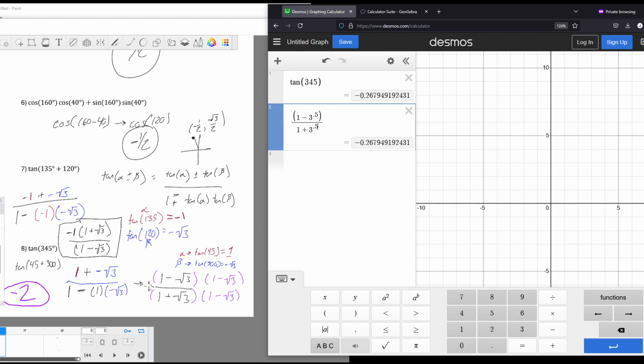So this value here was correct. Perhaps I didn't FOIL things correctly, which is also very possible. Oh. Yeah, that makes sense. I didn't FOIL things correctly.